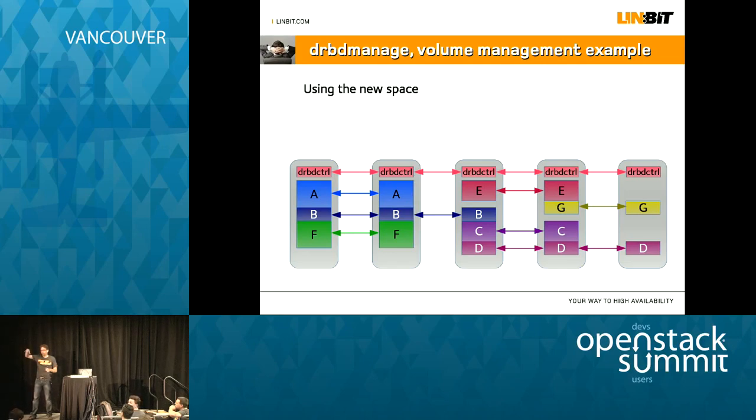A VM writing here, in the whole data path, there is only communication between the node where you issue the write and your standby machine. Nobody else in the cluster is involved in the data path. So during I/O, there is very little contention. The only point where you have contention is when you do management commands.